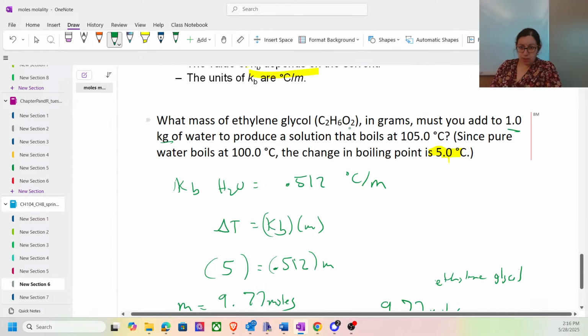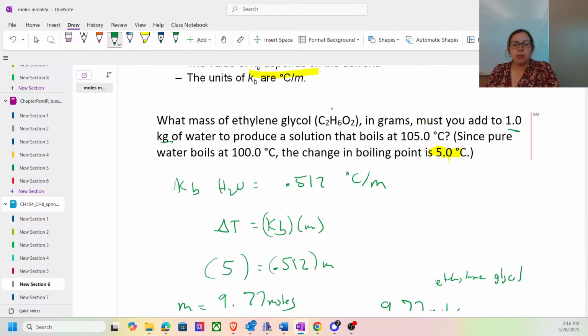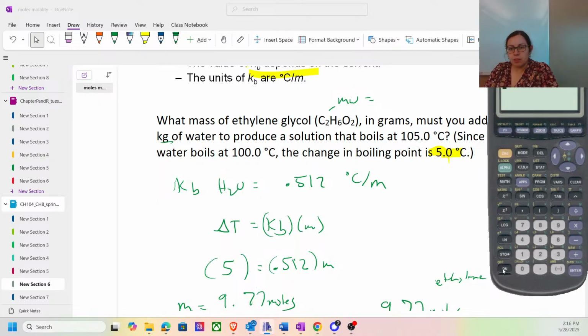They did not give us the molecular weight, so we can kind of roughly add it up. I'll just take some rounded numbers: 12 times 2 plus 6 plus 32 for those 2 oxygens. So about 216 for the molecular weight, roughly.